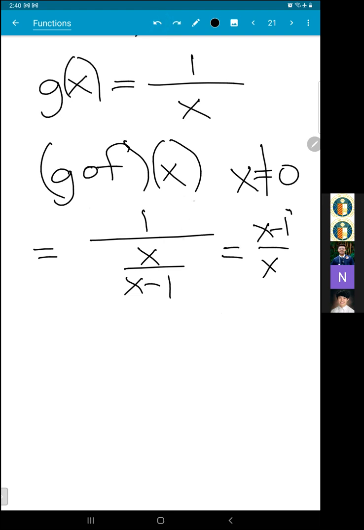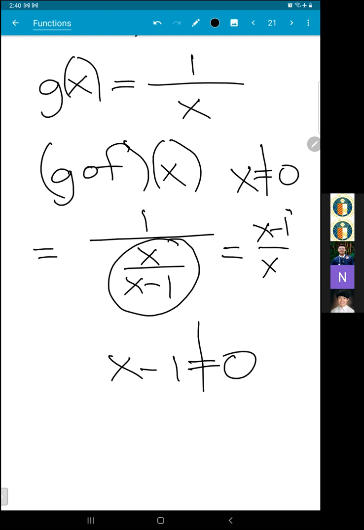So how will this be defined? If we look at this one, it will be defined if, of course, the denominator is defined. If the denominator is not defined, it is not defined. So, how will the denominator become undefined? If the denominator of that is 0. So we must have this.